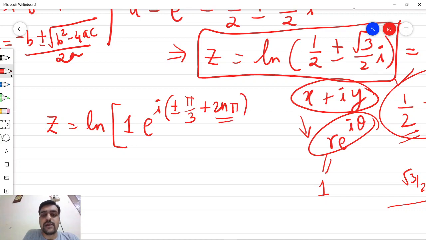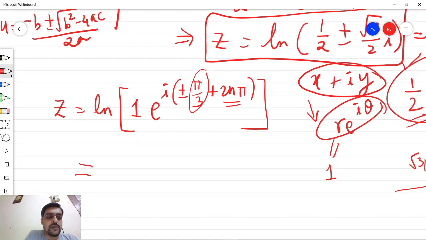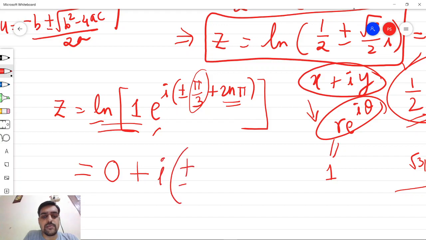So this 2n pi corresponds to all other values of theta except this principal value of theta. Now log 1 is simply 0 plus log and e get cancelled with each other, and we get it as I plus or minus pi by 3 plus 2n pi.